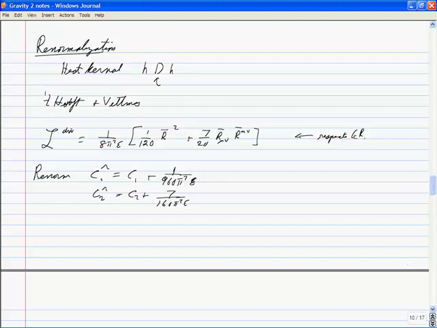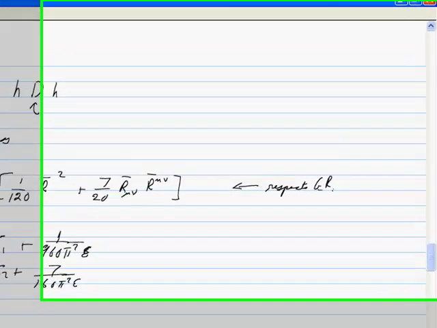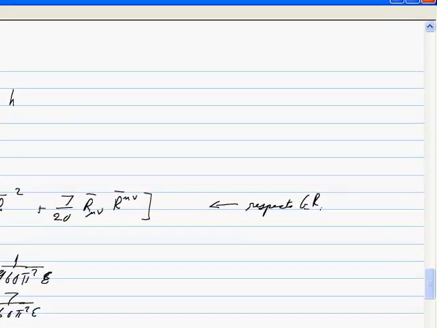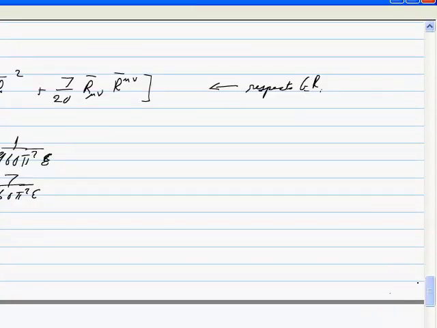And once you've done that, all your divergences have gone, so you've renormalized the theory. You at this stage see what was at one stage a famous theorem, which is that pure gravity is one loop finite.